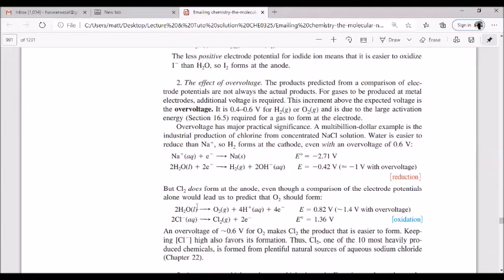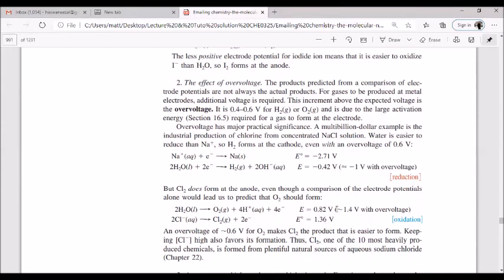Whereas at the anode, the electrode has to choose between water and chloride ion. In this case, you can see the potential for water to be oxidized to form oxygen is 0.82. With overvoltage, it is around 1.4 volt. Whereas for chloride ion, it is 1.36 volt. In oxidation, it chooses the less positive.